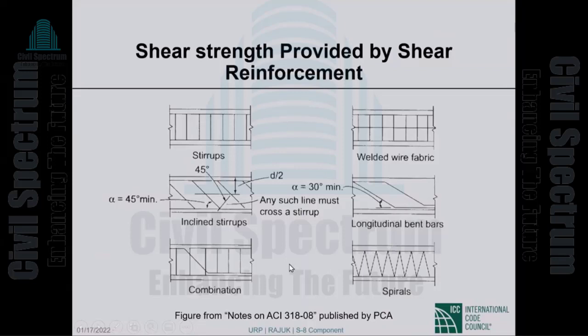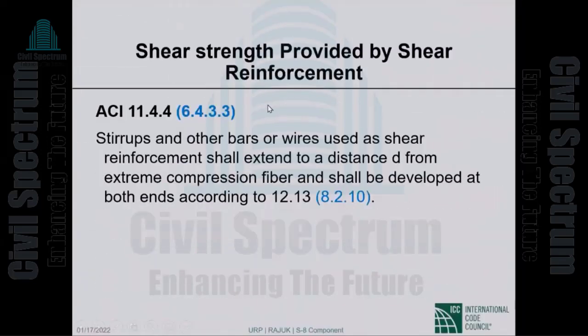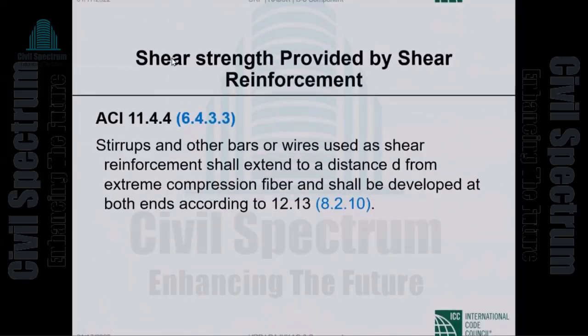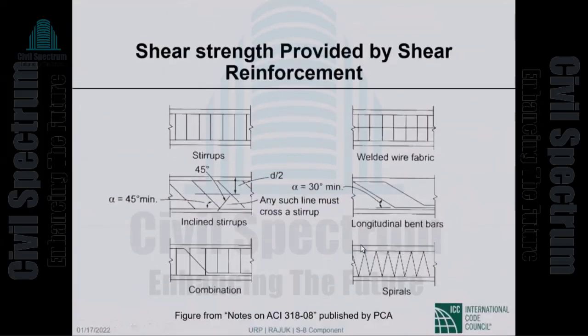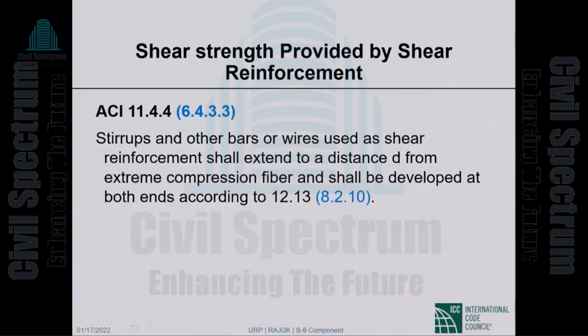This used to be done long time ago. Combination of bent bars and stirrups, and then the spirals. Okay, so this is very common. Sorry, this is not uncommon. That is not terribly uncommon, but these inclined things I think are not common.